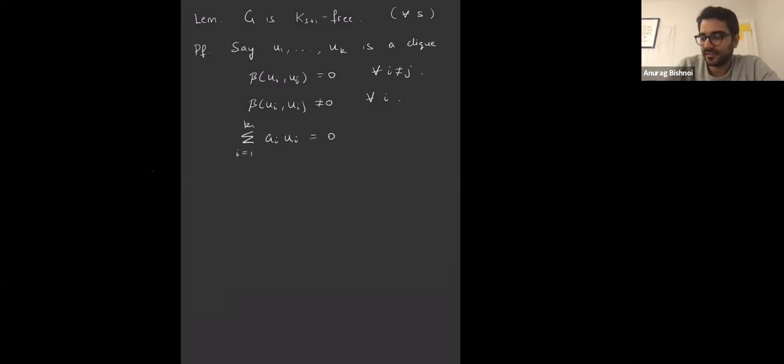Then you just apply beta on both sides with various ui's.